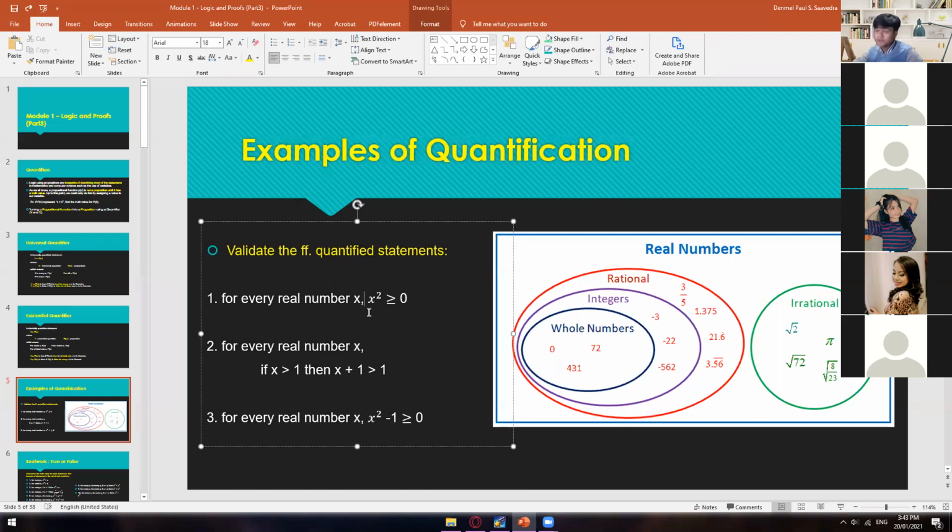If you can find an example, at least one value, we call that one a counter example. If you can find at least one counter example, this one is already false. But if you cannot find any counter example, then this one is true. Simple as that. So what do you guys think? Is this true or false?